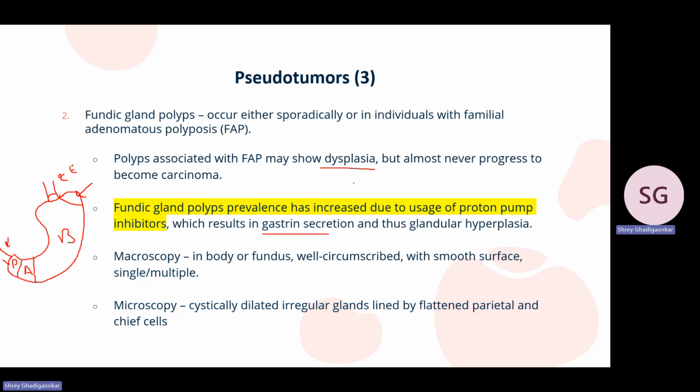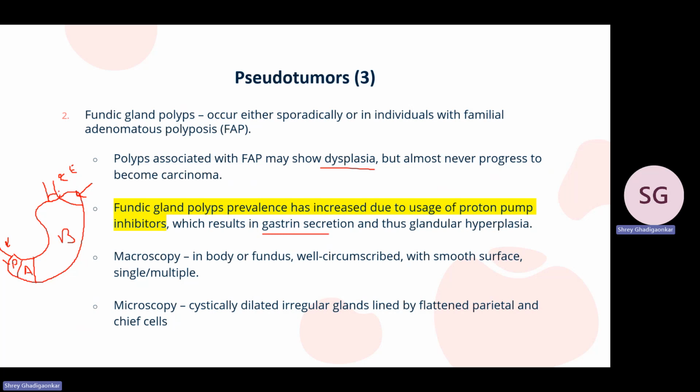The gastrin levels are sensitive to the gastric acid levels, and therefore, if you have low gastric acid, which is related to the pH, more gastrin is produced, and gastrin is responsible for stimulating the parietal cells.